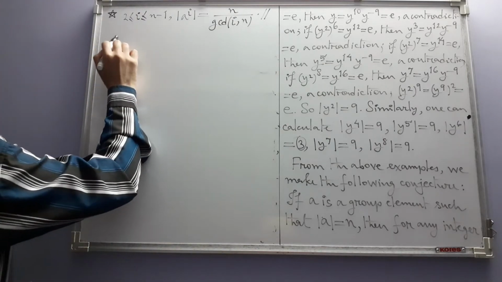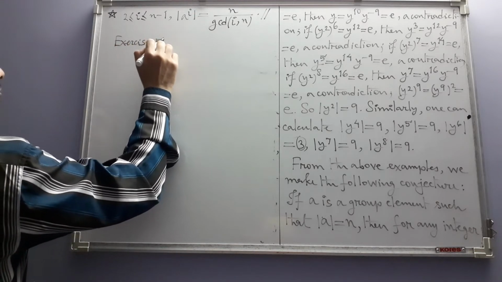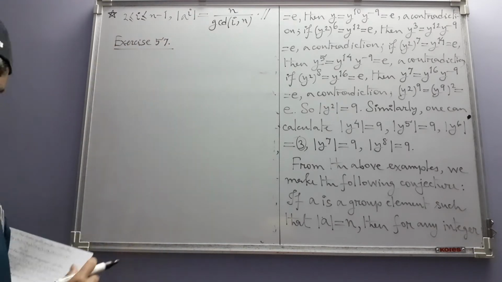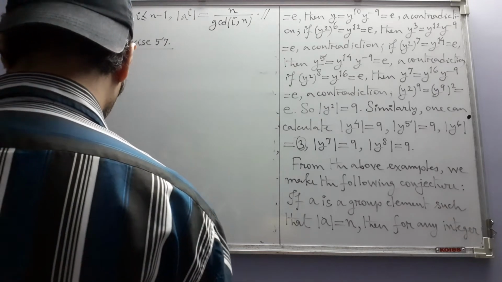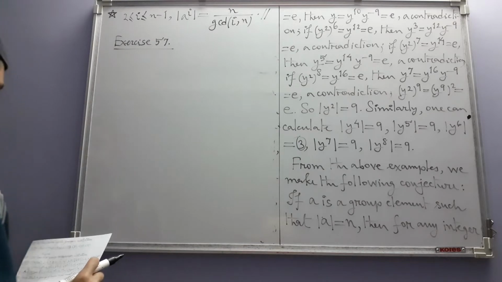Then D4, the dihedral group D4 has 7 cyclic subgroups.